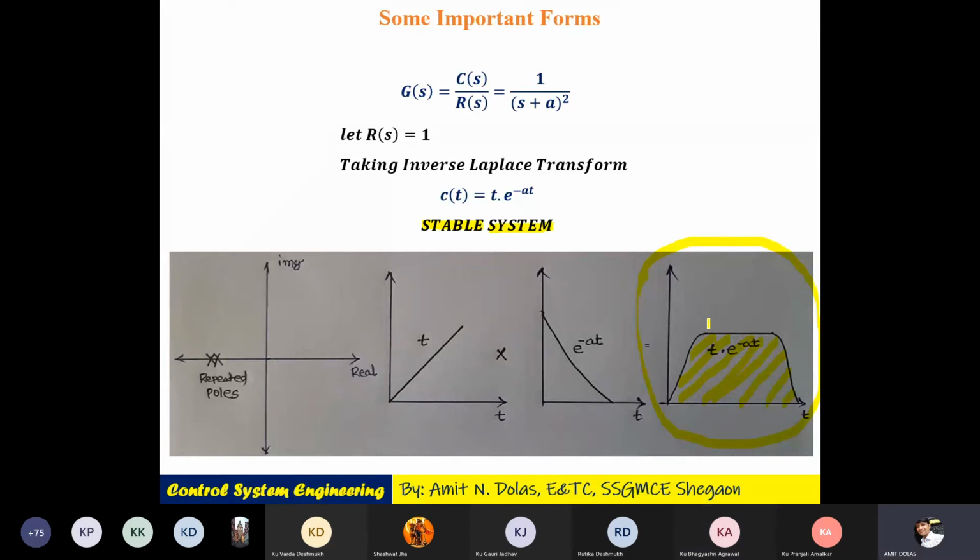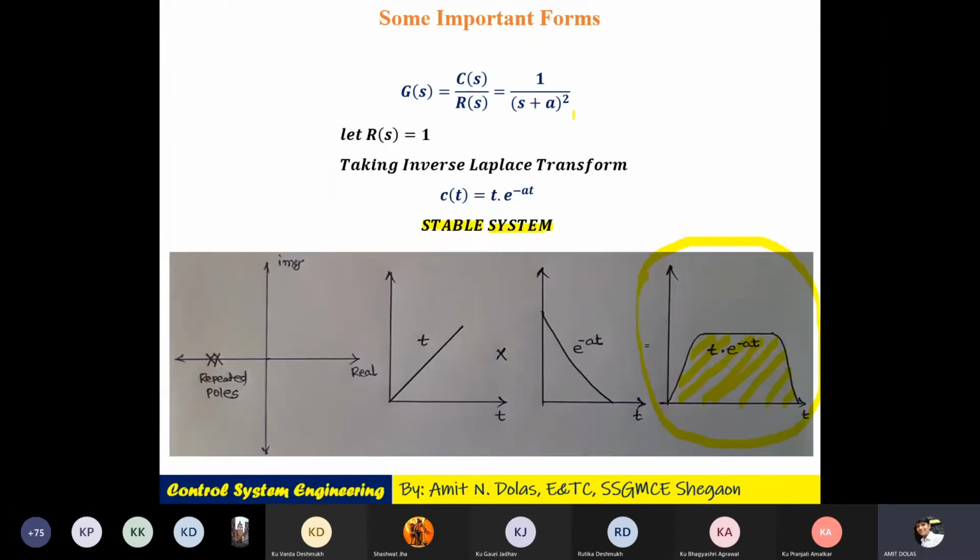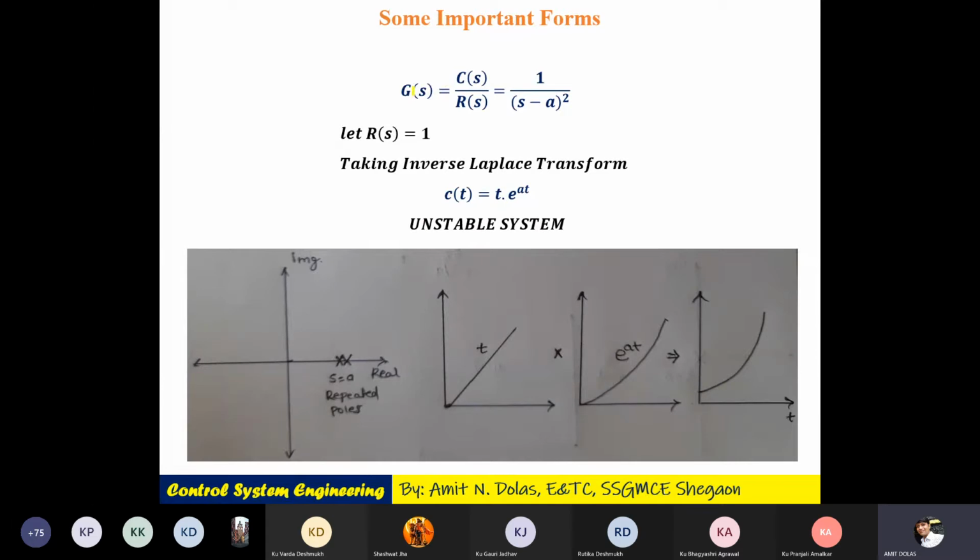So we'll move further. Till now we have seen the repeated pole on the left hand plane. We'll move to the next example. I have another transfer function, G of s is equal to C of s upon R of s, 1 over s minus a whole square.